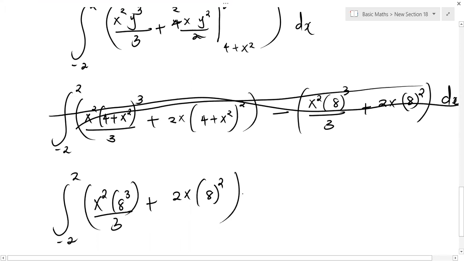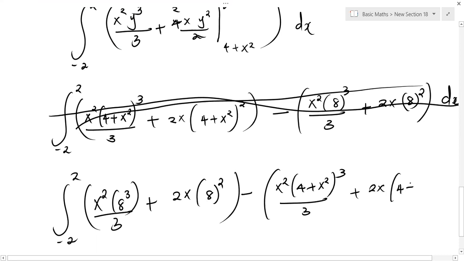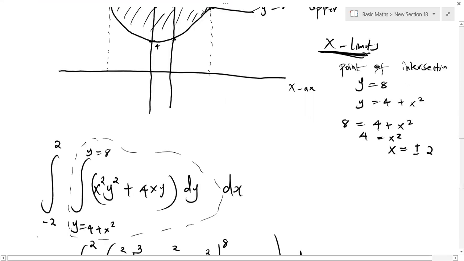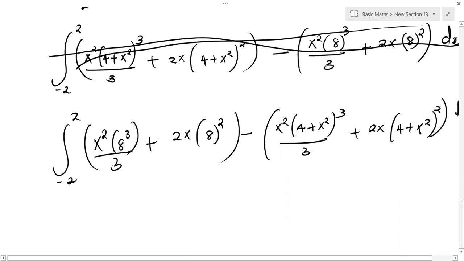Okay, then minus, we now replace the lower limit. So that's going to be x squared into 4 plus x squared cubed over 3 plus 2x into 4 plus x squared. And then we have our dx. So note that: upper limit first minus lower.